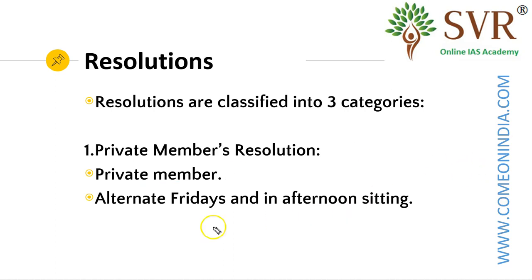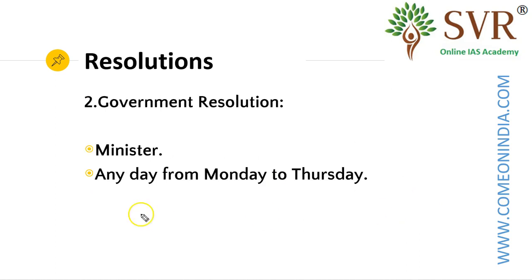This kind of private member resolution can be moved in the House of Parliament during alternate Fridays of a week, especially in the afternoon sitting. And the next type of resolution is government resolution. Here, the government resolution is moved by the minister.